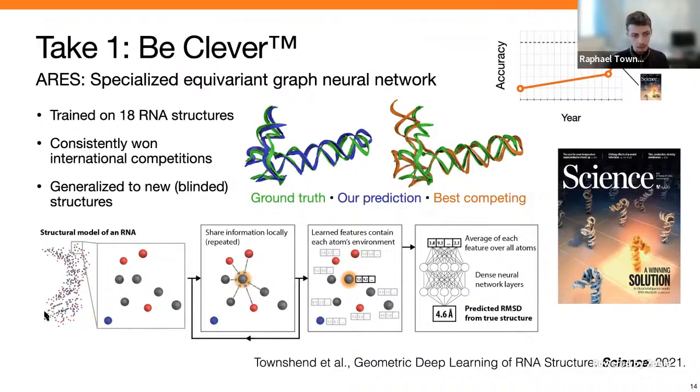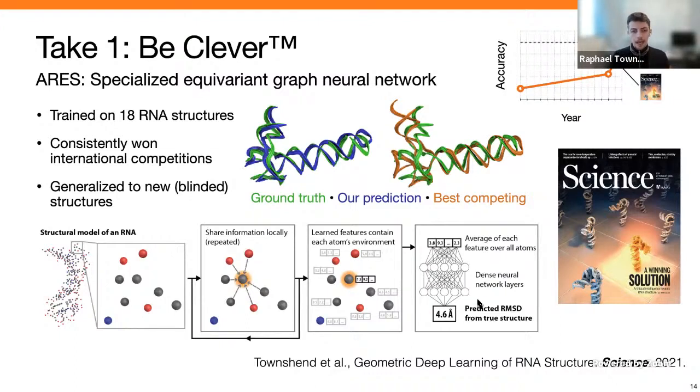And fundamentally, the model just looks at an RNA and splits it out into its individual atoms in 3D space. So all you're encoding really is their 3D position and their element type, so carbon, nitrogen, oxygen. Then you do multiple layers of these equivariant GNN layers to learn an embedding for each atom, and then average over all of these atoms into a dense neural network to predict a final measure of quality.